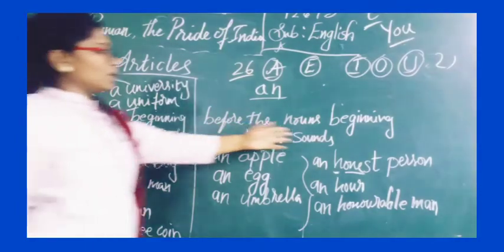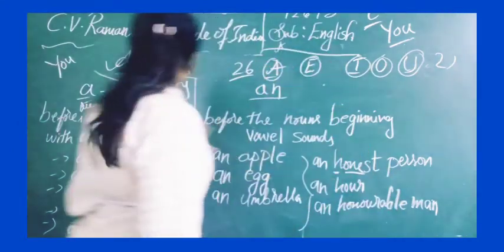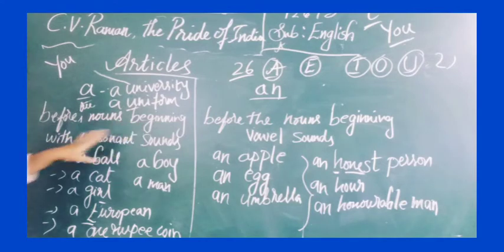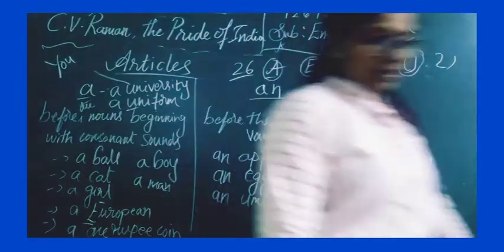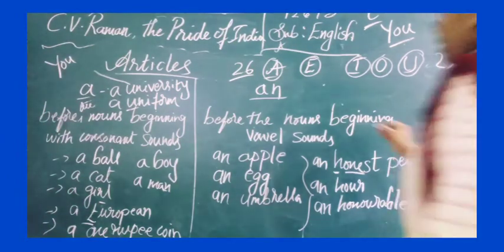We use an before the nouns beginning with vowel sounds, and we use the article a before the nouns beginning with consonant sounds. You should be very careful with the sounds, like a European coin, a one rupee coin. Can you give me any examples like this? Okay, you can say a one-eyed person.